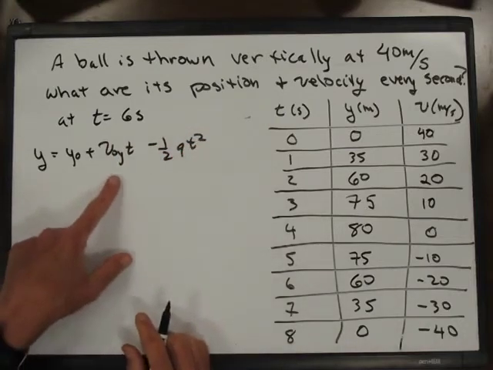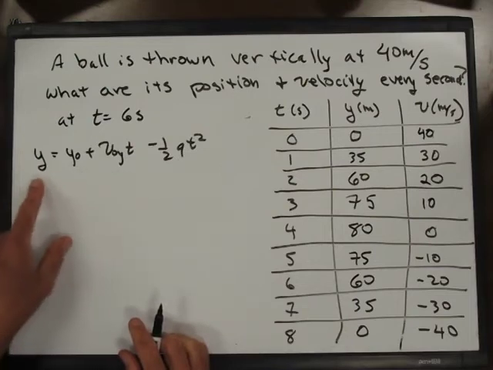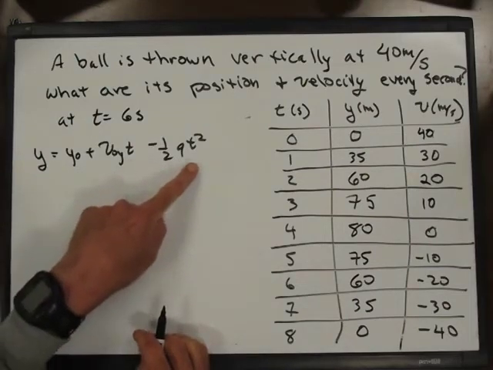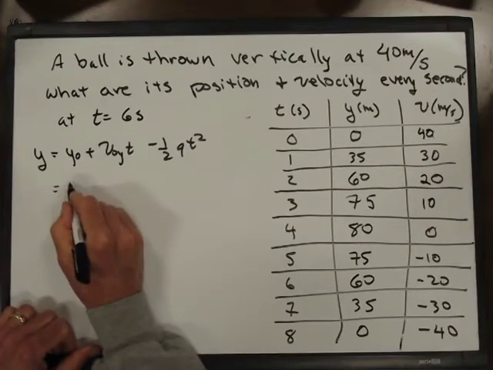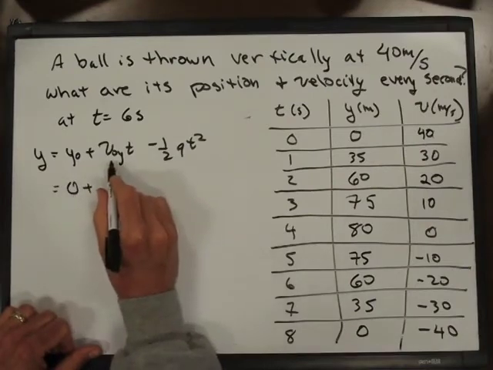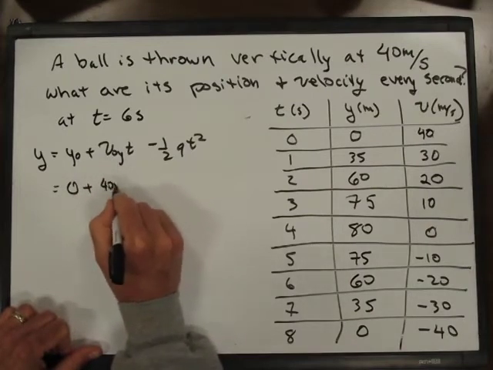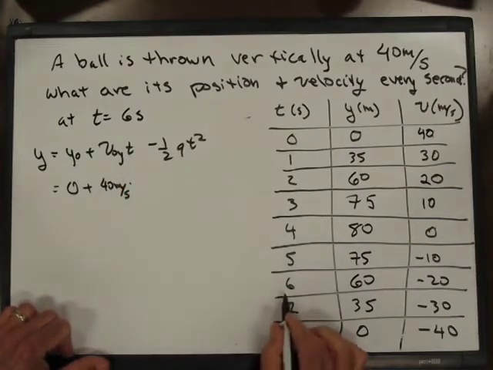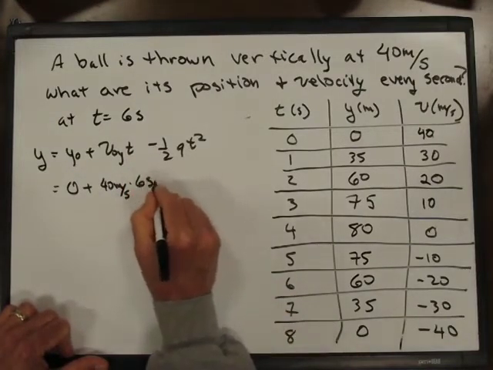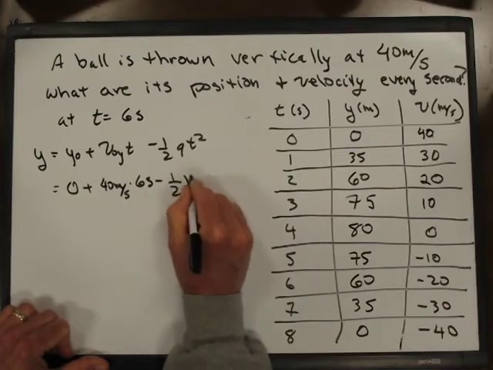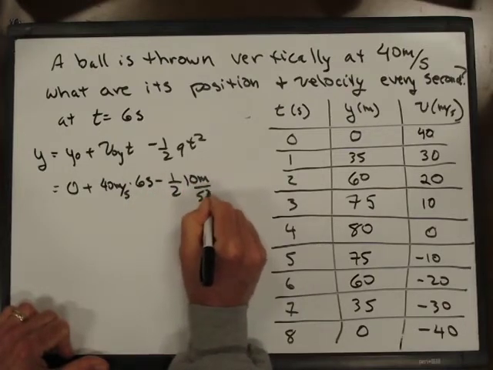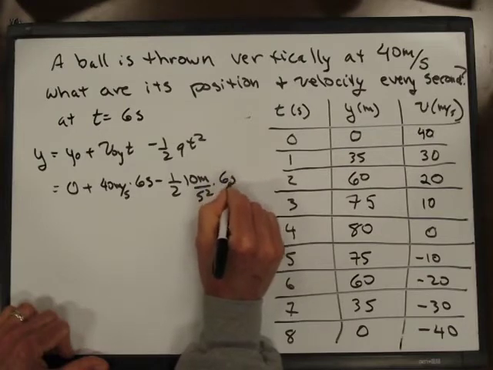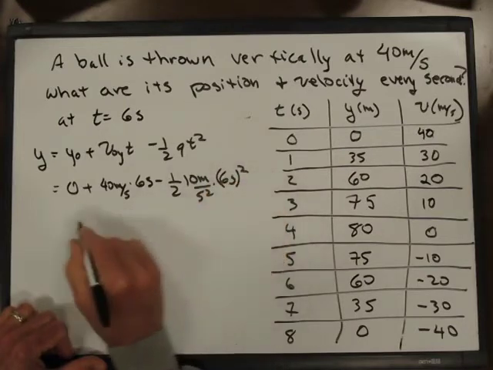This is the position, and we can calculate the height at this time given all these numbers. The initial height is 0, right? The initial velocity is 40 meters per second. The time is, what did we say, 6 seconds, minus 1/2 times 10 meters per second squared times 6 seconds squared.